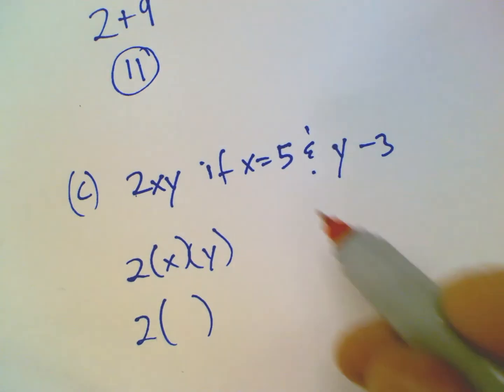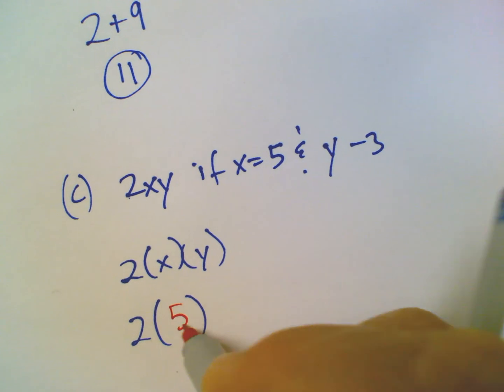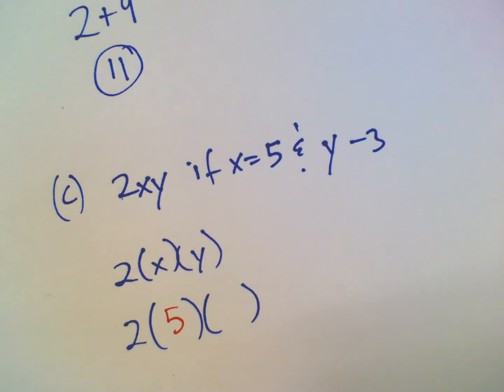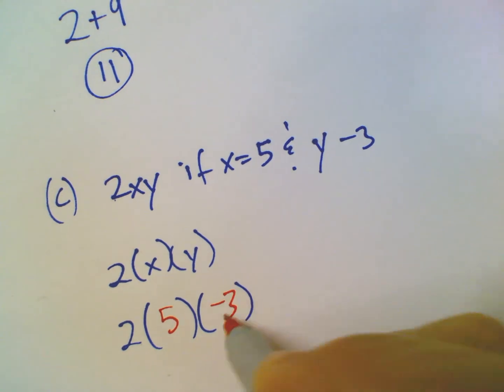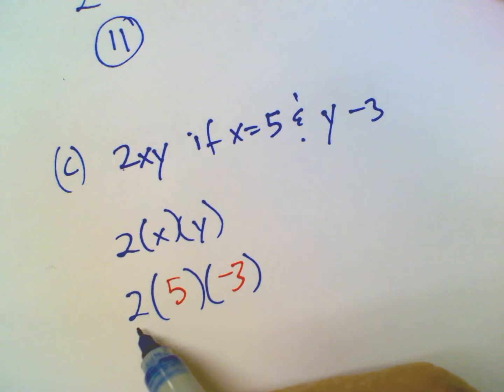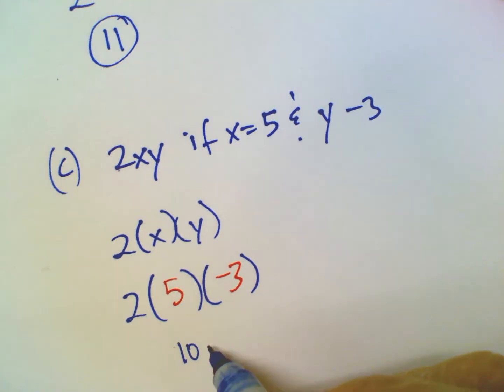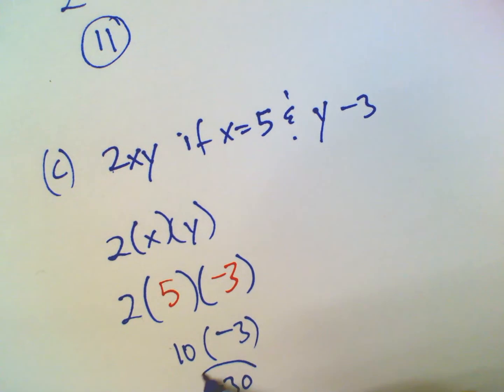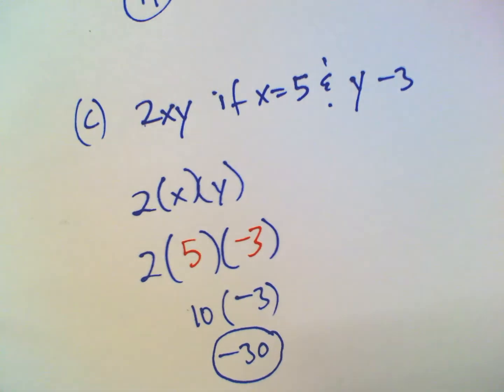Instead of x, I'm going to say times 5, and then times, instead of y, I'm going to put a -3 in. So that's evaluating those variable expressions. So 2 times 5 is 10. Then I still have 10 times -3 is -30. So there's my answer in that one.